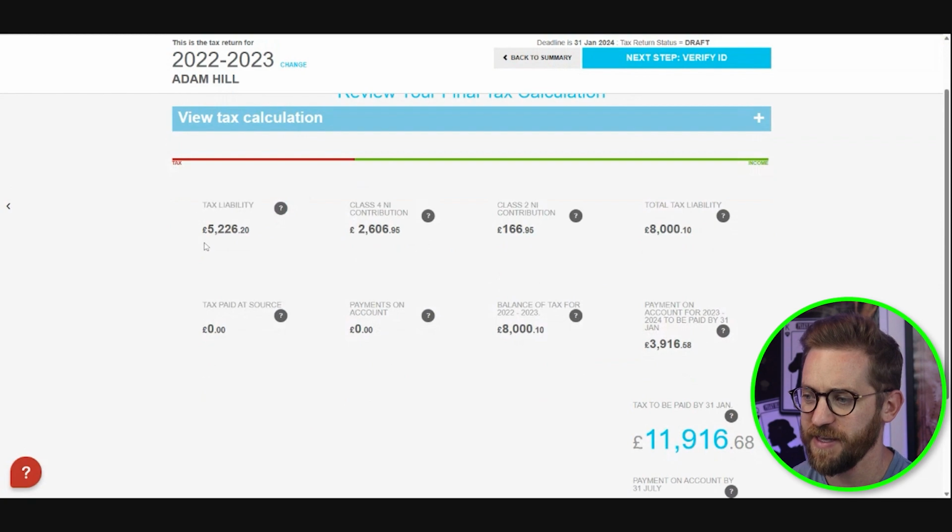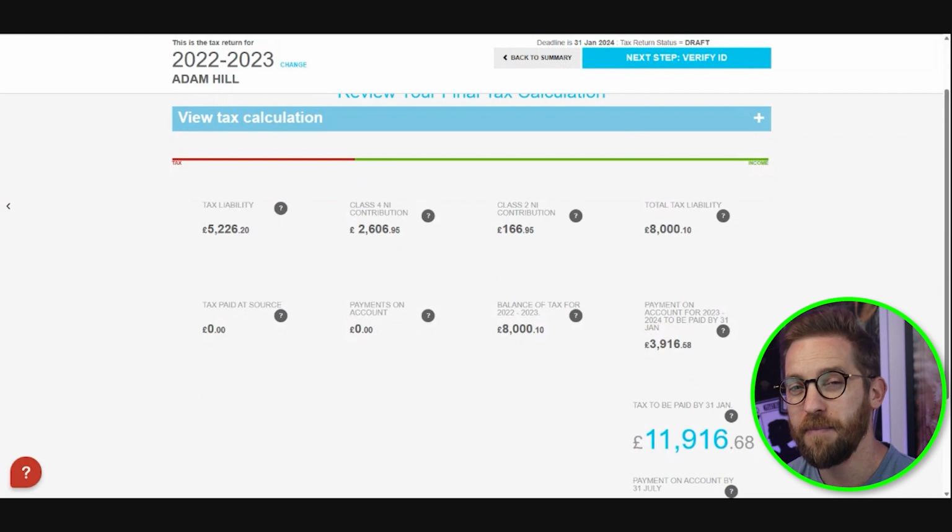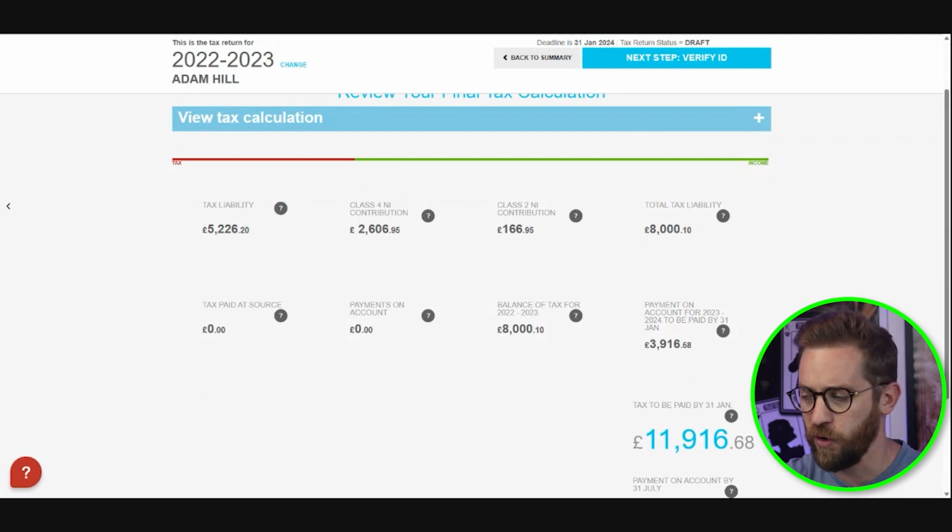So we've got £5,226.20 tax liability. That's income tax, being the usual income tax rates, 20%, 40%, 45% being applied to my self-employed income. Because it's self-employed income, I'm also going to have class 4 national insurance applied to a certain amount of it over a certain level, and that's coming out at £2,606.95.